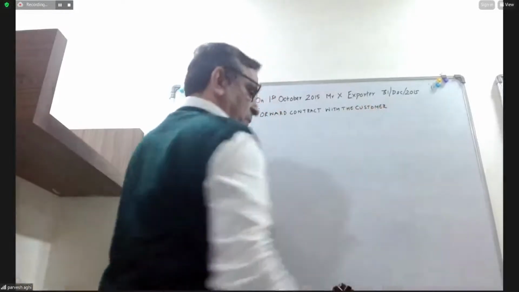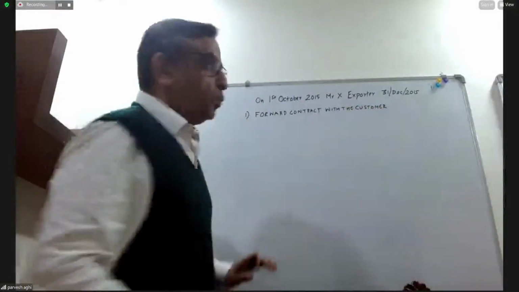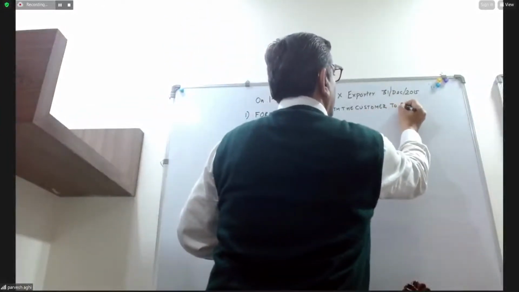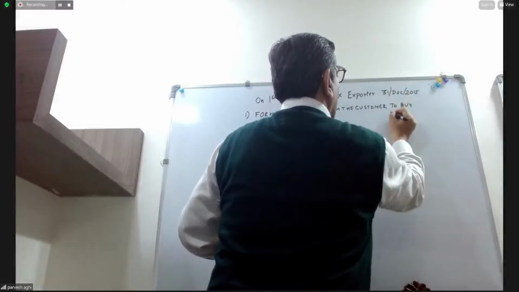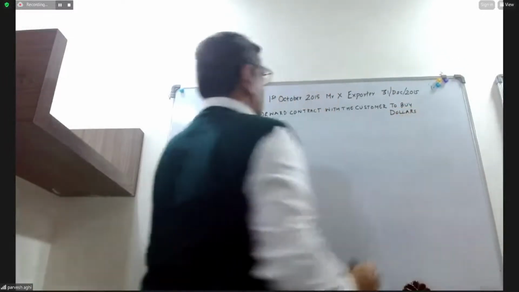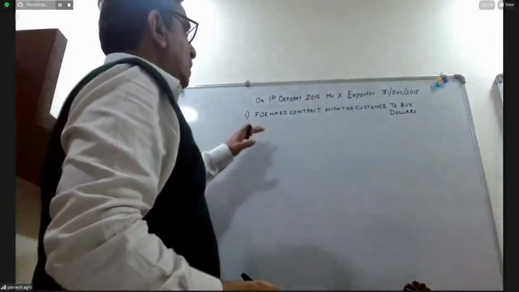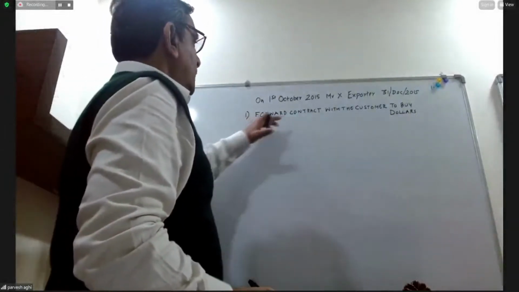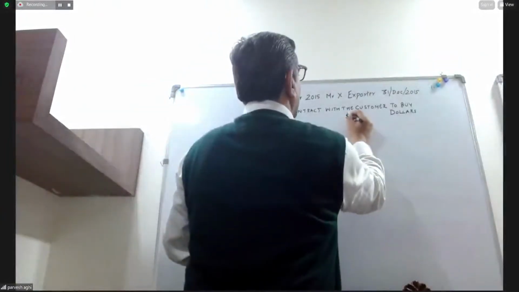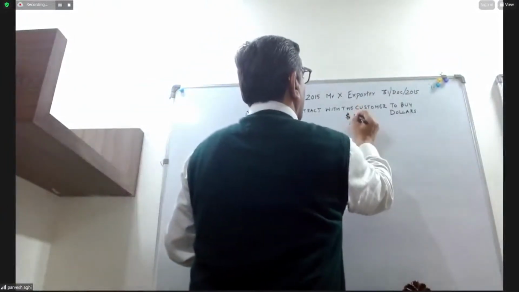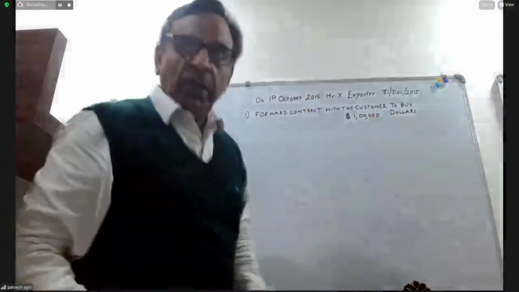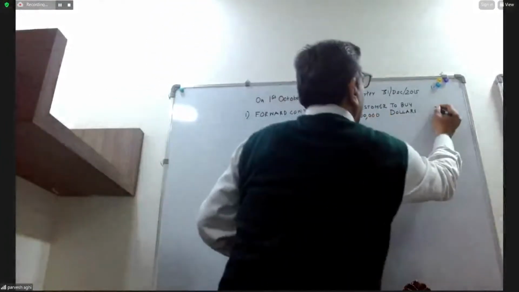So what will be this forward contract? To buy dollars. So this is the first contract which the bank is going to enter with the customer, to buy dollars. How many dollars? $1 lakh. And the rate given by the bank is 65.40.